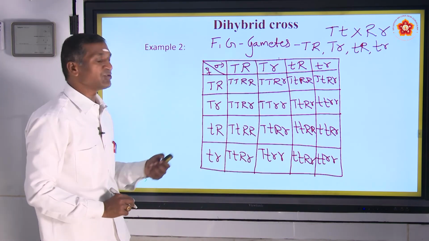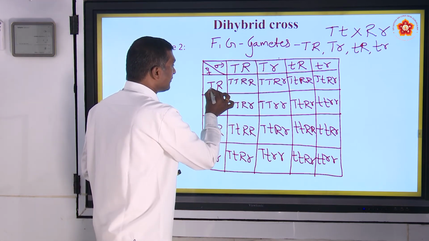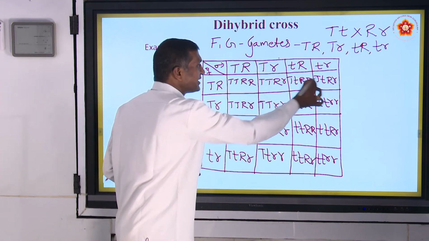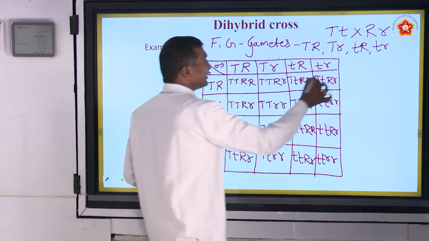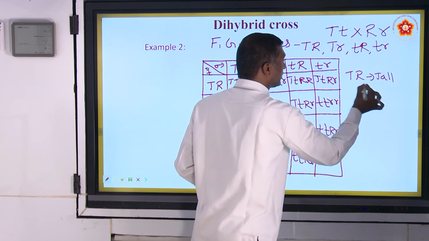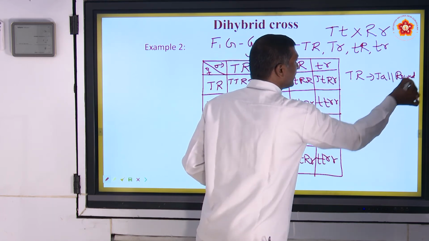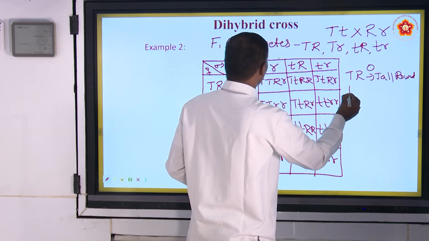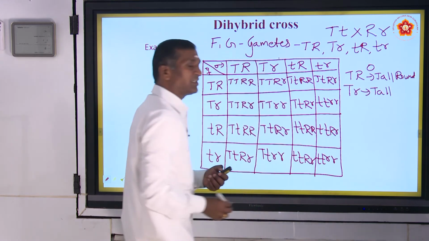I think you have understood this. Just combining the gametes with this first one, you are multiplying all the 4 and then you are writing all the things combining here. Now, if out of 2 T's, one is capital T, it is tall. Out of 2 R's, if one R is capital R, tall and round, let us use the symbol circle. Next gamete, out of 2 T's, 1 T is capital, okay, tall.